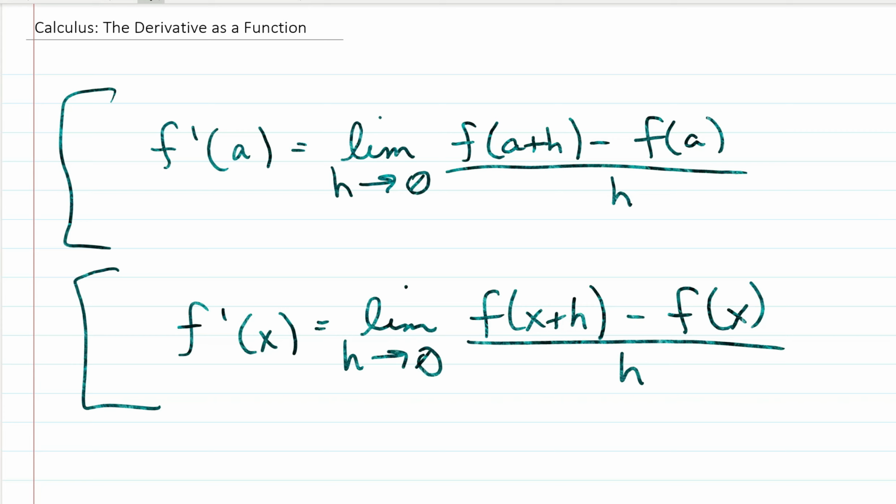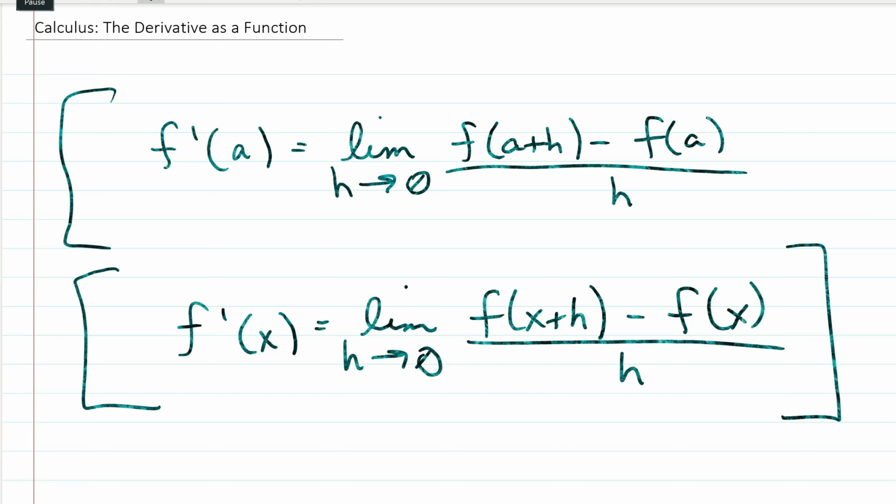So given any number x for which this limit exists, we assign to x the number f prime of x. So we can think of f prime as a new function called the derivative of f, and it's defined by this bottom equation.